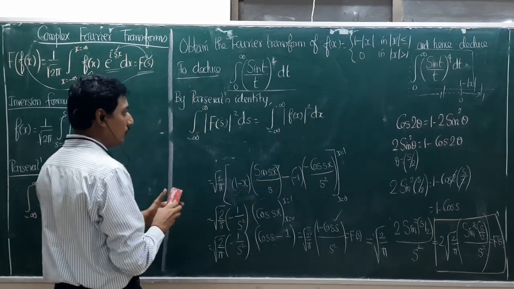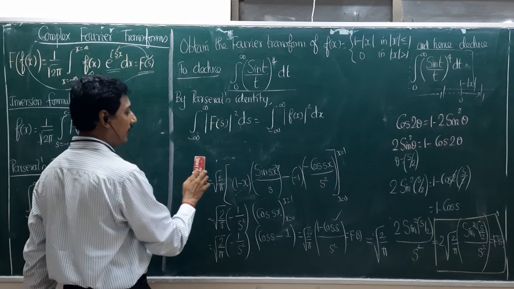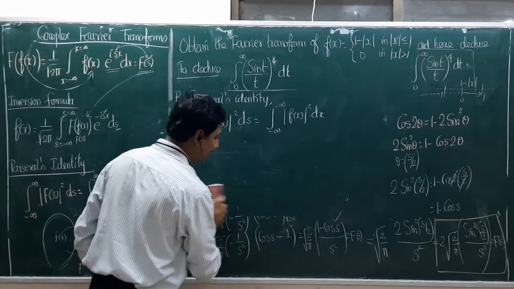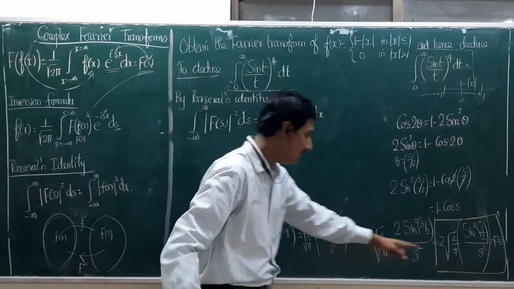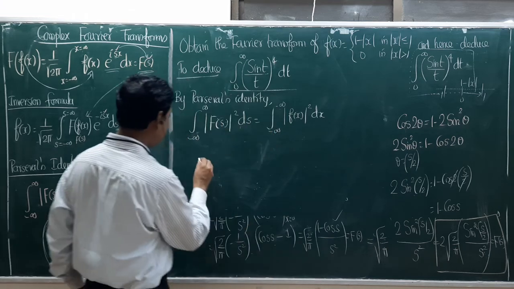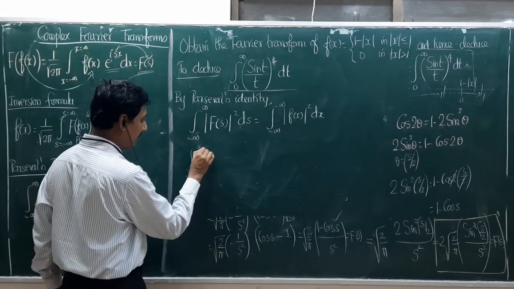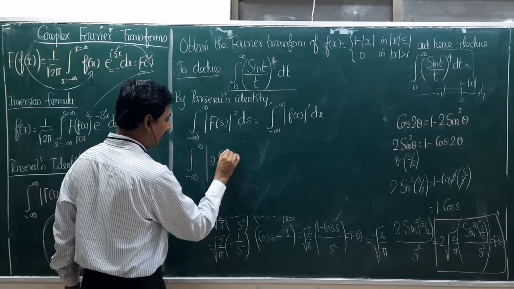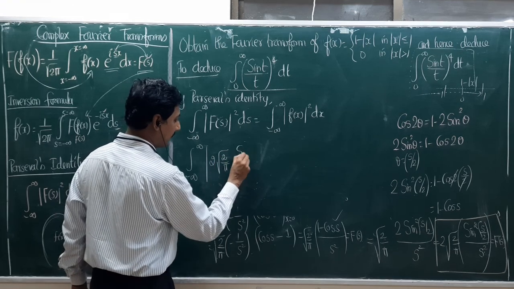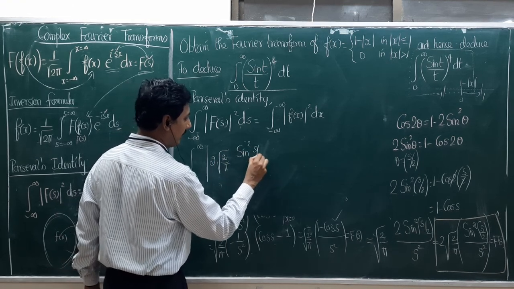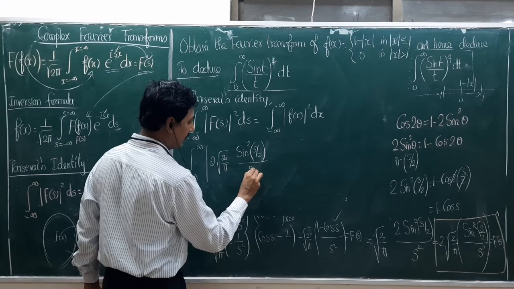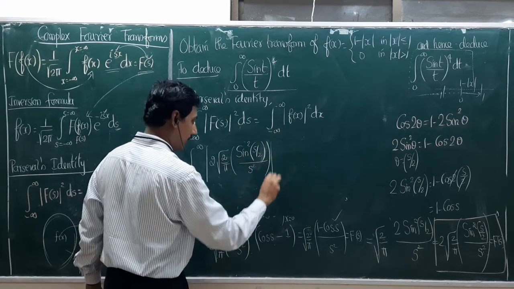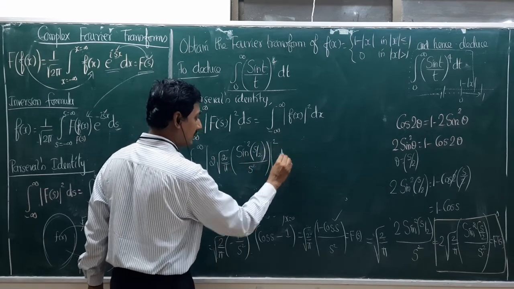So let us substitute f of x and the corresponding Fourier transform values. What I need here is the sine term. So on the left hand side, this becomes integral minus infinity to plus infinity of modulus of 2 times square root of 2 by pi sine squared s by 2 by s squared, whole square, ds.